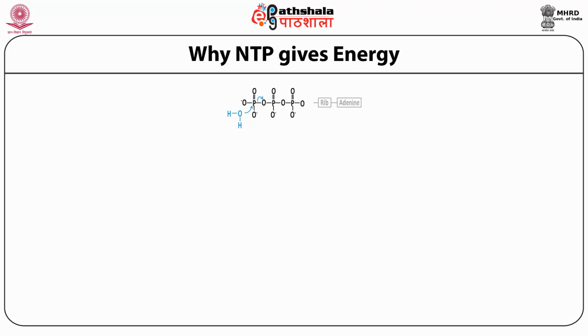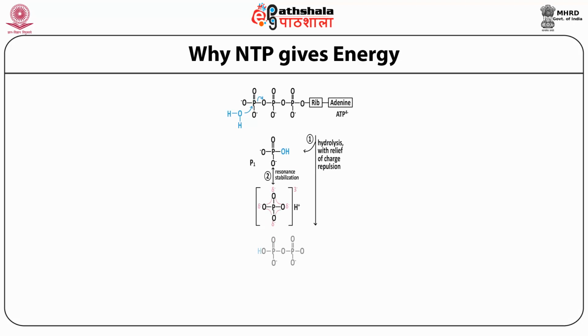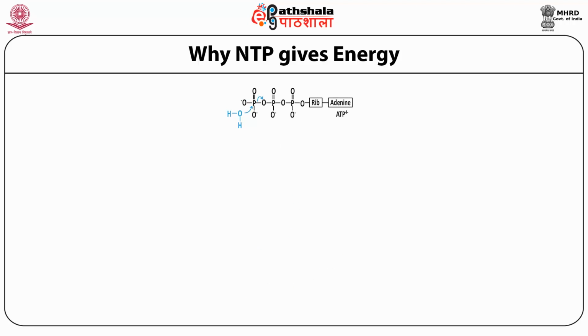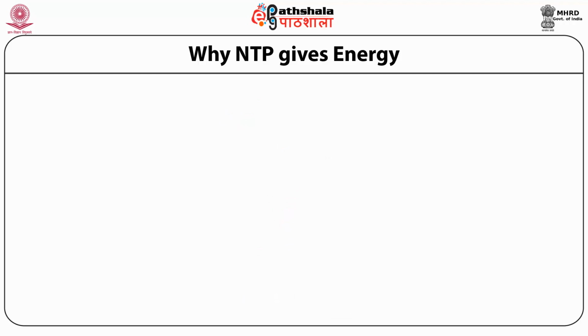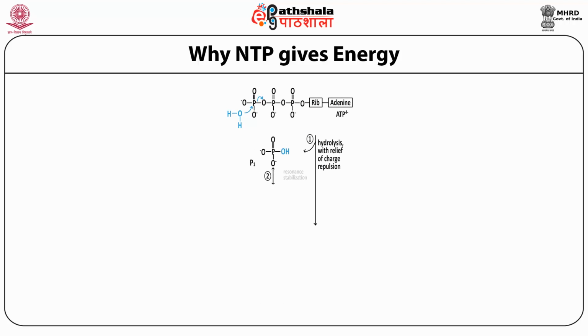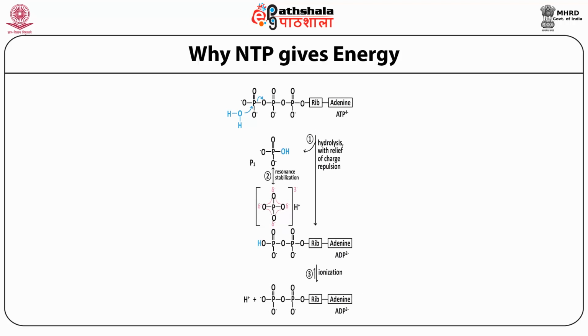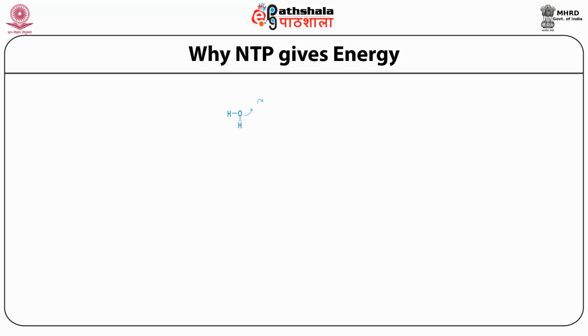In this figure, as I have discussed, you can clearly visualize the different factors that are responsible for ATP hydrolysis being favorable. You can see the presence of ATP 4 minus with 4 negatively charged oxygens. So they have repulsion. Once this ATP 4 minus is hydrolyzed into ADP 2 minus and inorganic phosphate, you can clearly see that inorganic phosphate gets resonance stabilized.